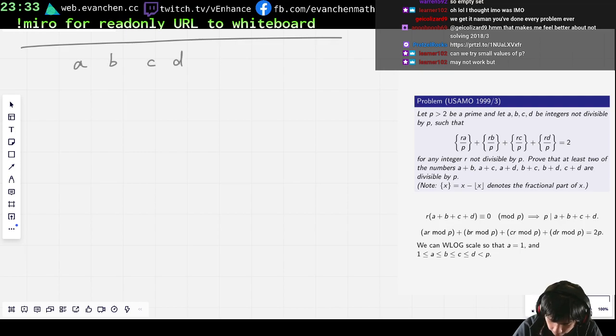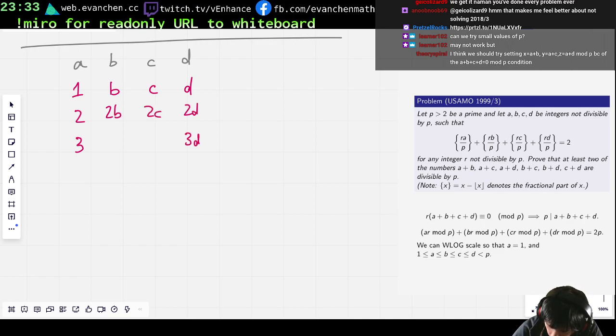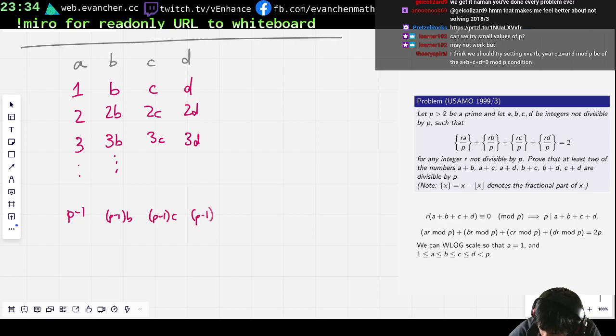But the basic premise, I think, is you have a table like this: 1, B, C, D. I'll call this one 1, and it's like 2B, 2C, 2D, and then 3D, 3C, 3B. That's the way I want to think about it. You have a grid that looks like this. Let's go P minus 1, P minus 1B, P minus 1C, P minus 1D, and every number has regroups associated to it.